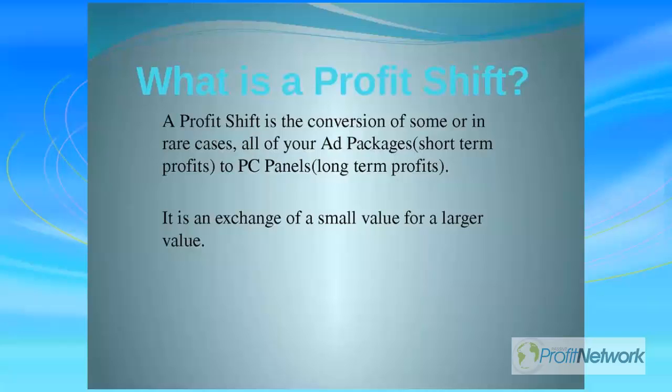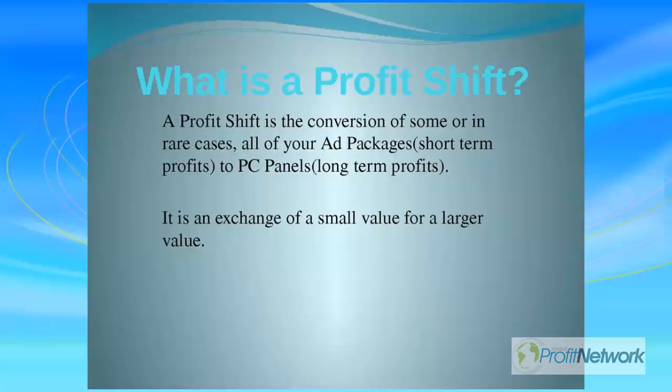Your short-term ad packages earn you up to 15 bucks per ad package, but once they're converted to PC panels, they make you even more money. When ad packages are converted, they've already earned you a certain amount of income, depending on how far along they are. But when they get converted to PC panels, you earn even more, which is a $60 bonus.